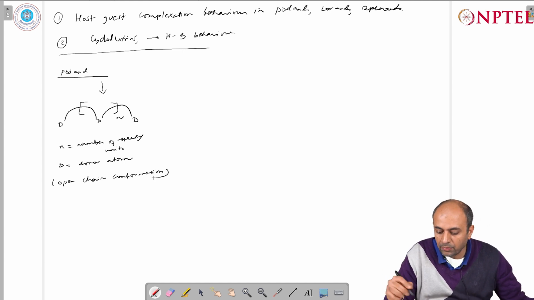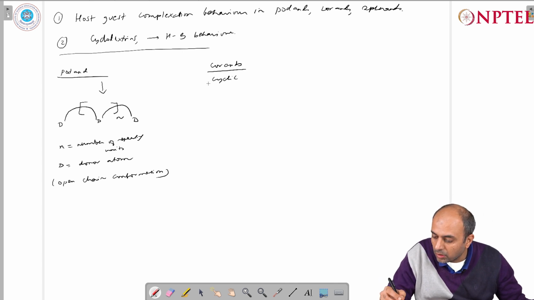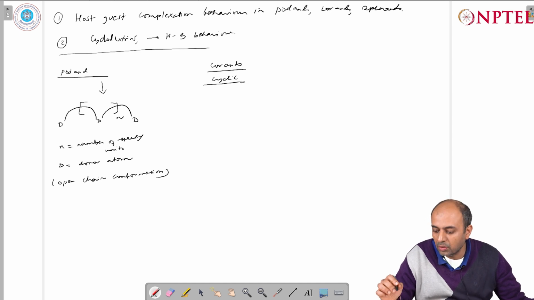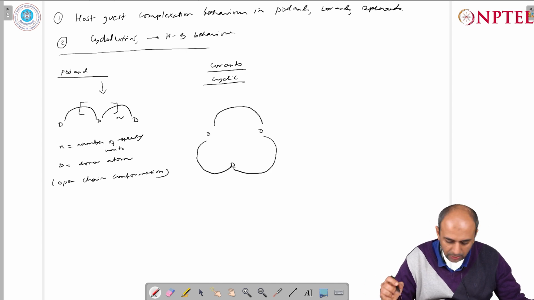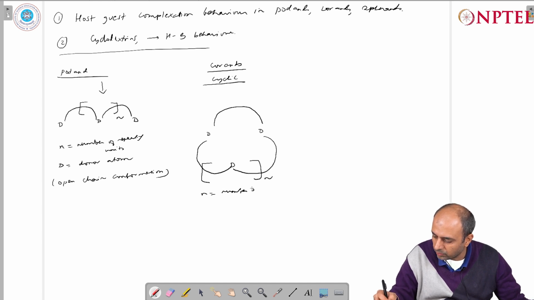Then we will look at other properties of podands also, but let us look at what are corands. Corands are the cyclic components of these open chain molecules. For example, we can now write it. We have the same set of donor atoms. We have these cyclic rings, and then N is the number of units which repeat.